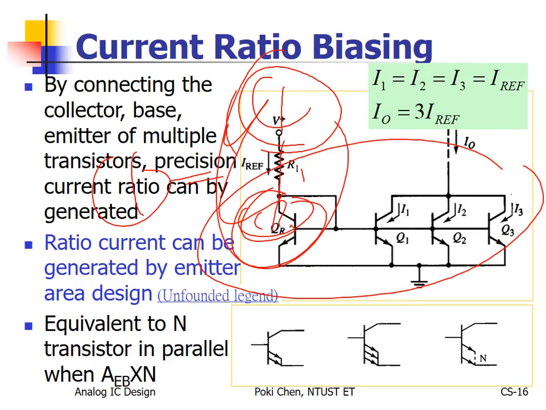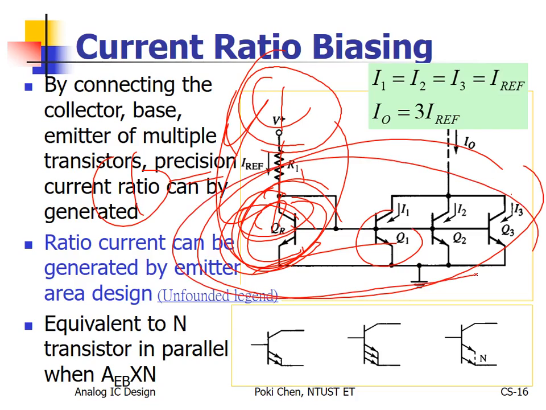So the traditional way is that 2 or 3 are diode connected to generate a smaller one. So as you like, to enlarge or to reduce the output current, that is the traditional way. On chip, for integrated circuits, if you are concerned very much about the accuracy and the current ratio, this is the only way.